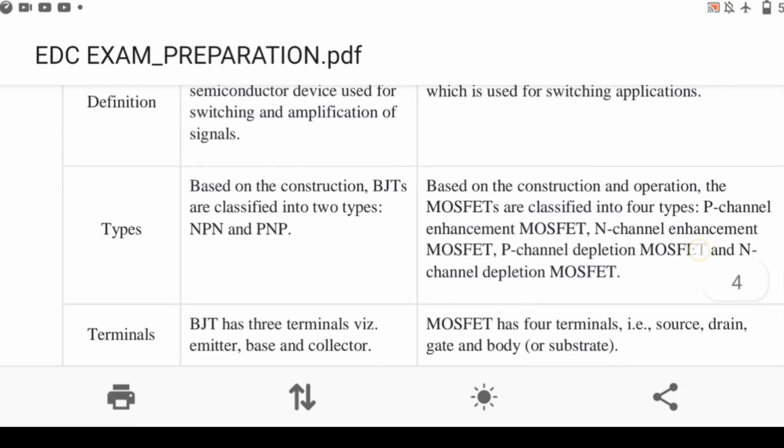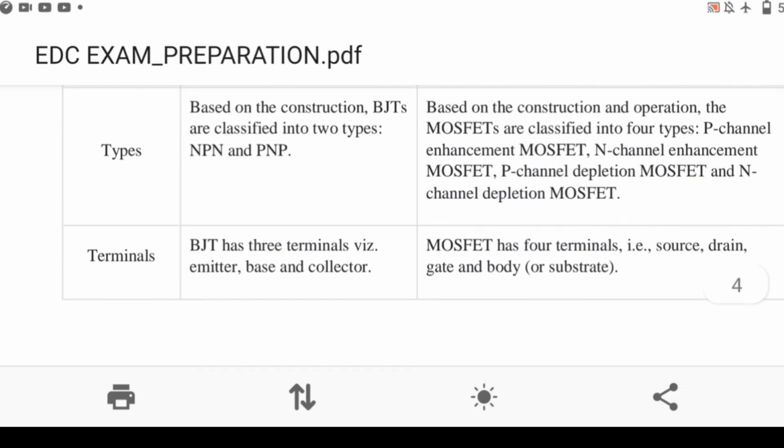Coming to types, what are the types in BJT and MOSFET? Based on construction, BJTs are classified into 2 types, NPN and PNP transistors. Coming to MOSFET, based on construction and operation, they are classified into P-channel and N-channel MOSFETs. Terminals: BJT has 3 terminals, emitter, base, collector.